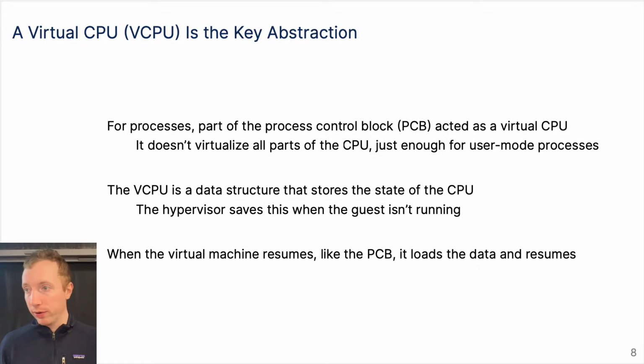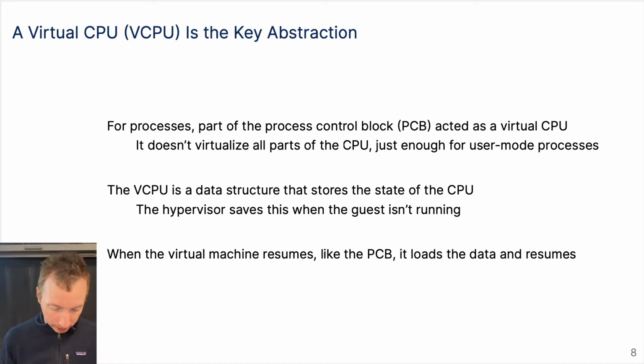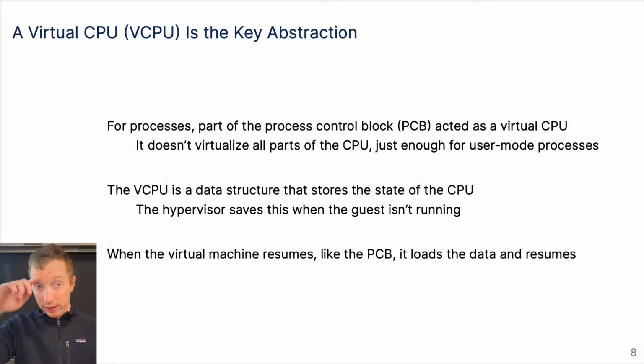So that also includes, like I said before, all of the kernel mode specific registers and everything like that. Whenever you context switch, the hypervisor would save all those and then restore them when the guest isn't running. And when the virtual machine resumes, like when you get a process context switch back in, like the process control block, it's just going to load all that data and resume execution as normal.